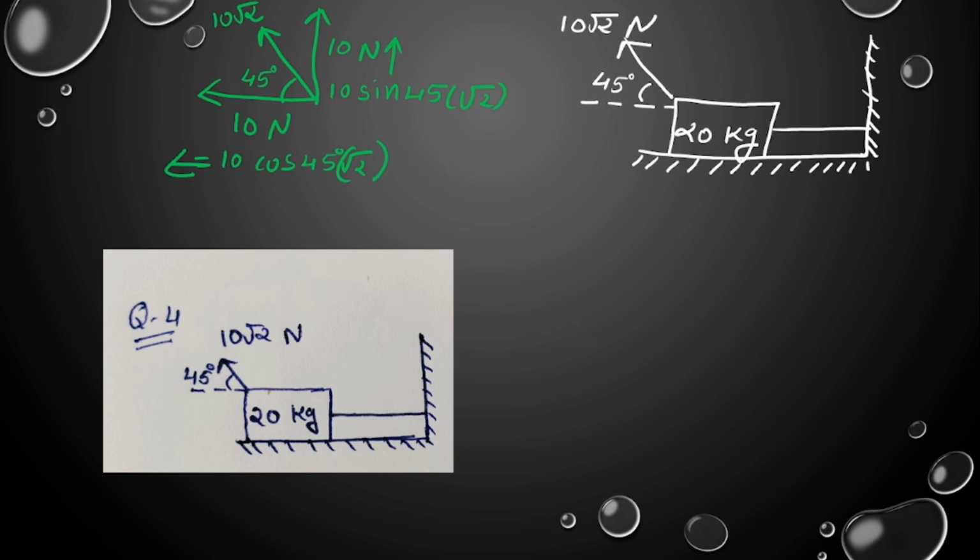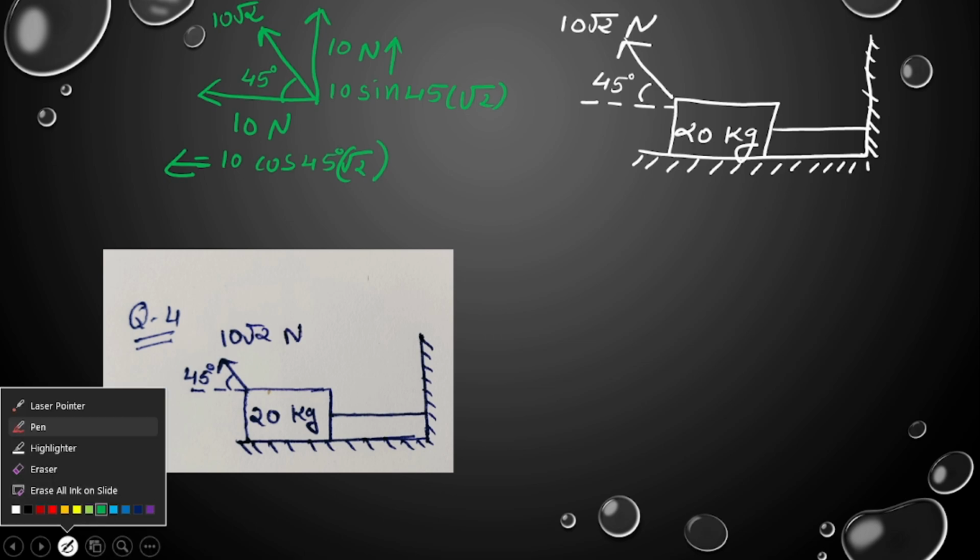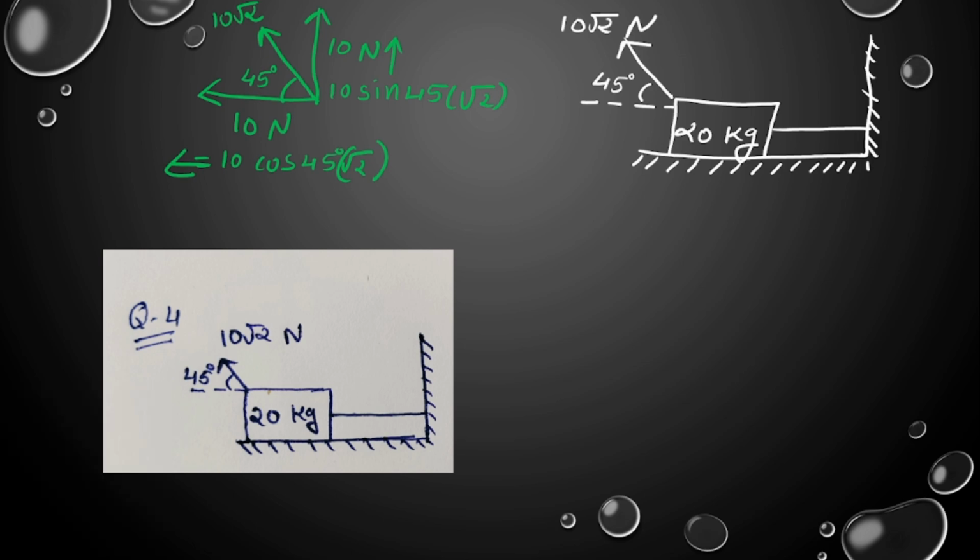Component of 10 root 2. The component of this 10 root 2 in this direction is 10 root 2 cos 45, and 10 root 2 in this direction is 10 root 2 sin 45, which comes out as 10 Newton.